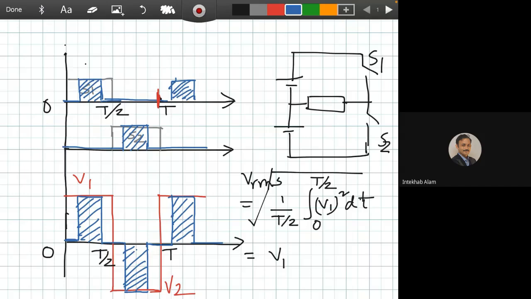So what will be the new RMS value of this output? What will be the change in the output equation? We need to change two things. The new output will be like here. It has started from what should be the value?